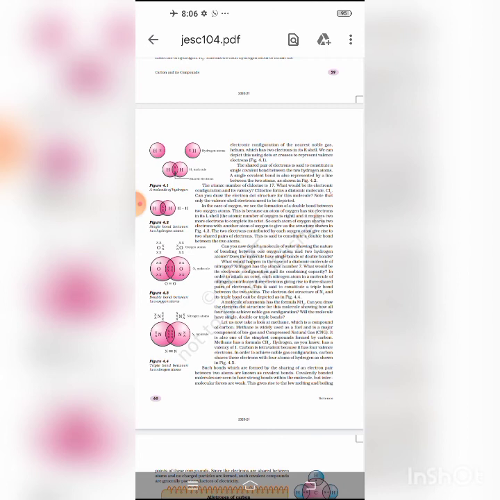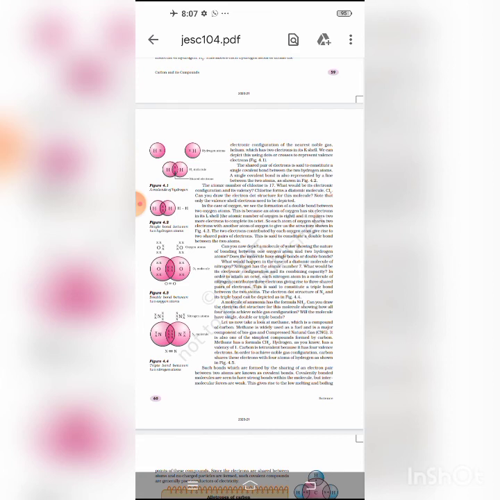Covalent compounds are soluble in non-polar solvents, usually organic solvents like benzene, carbon tetrachloride, chloroform, nitrobenzene. Polar covalent compounds may however dissolve in polar solvents such as alcohol and water.